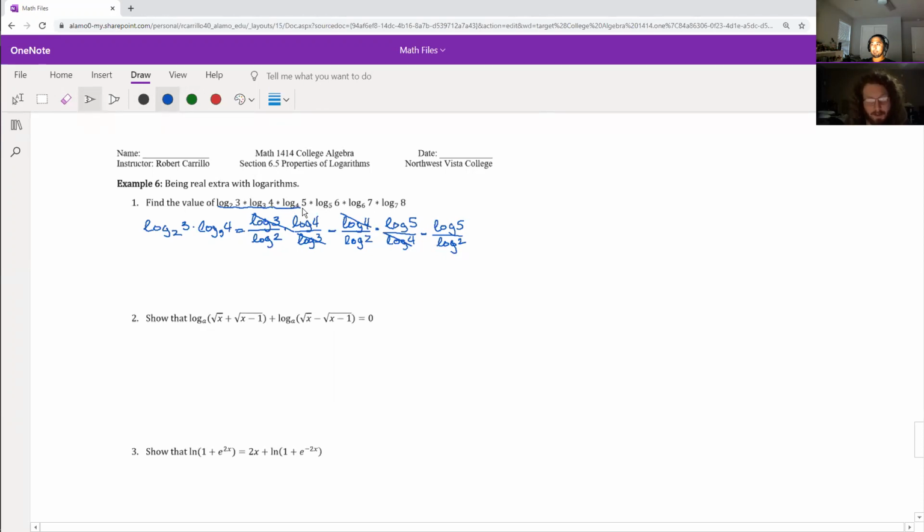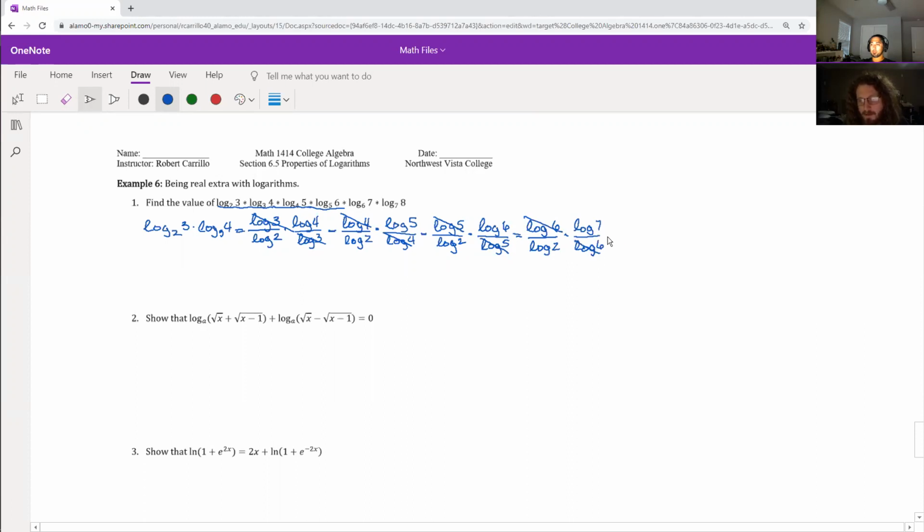And then our next one in the chain is log base 5 of 6. So this is log of 6 divided by log of 5. And we cancel. We get log 6 divided by log 2. Go to the next step in the chain, log base 6 of 7. So log of 7 divided by log 6.